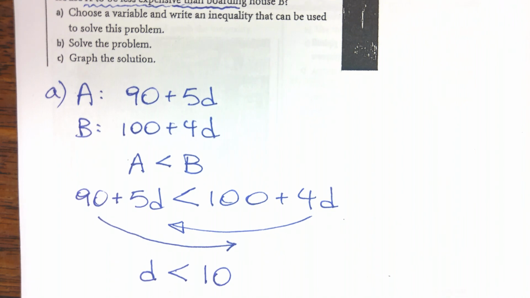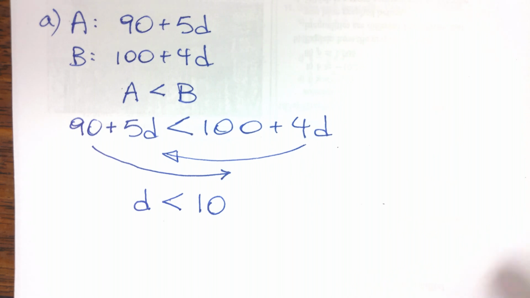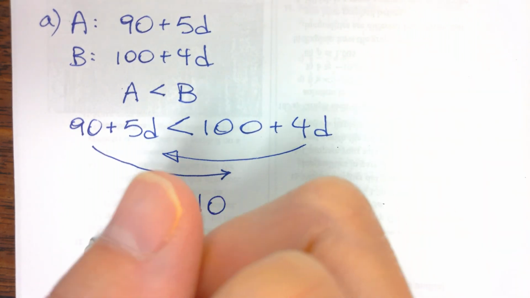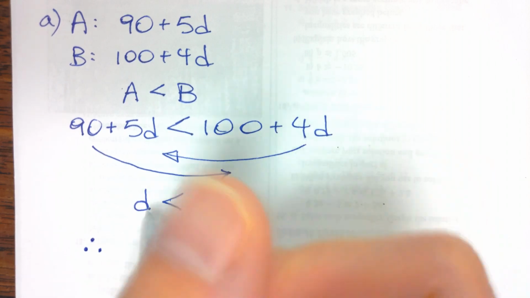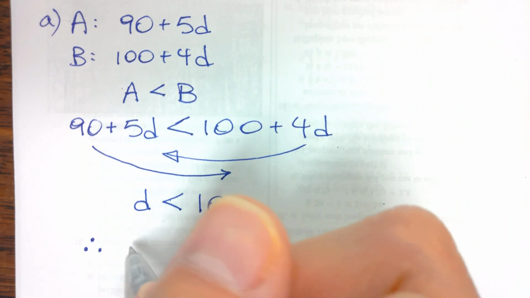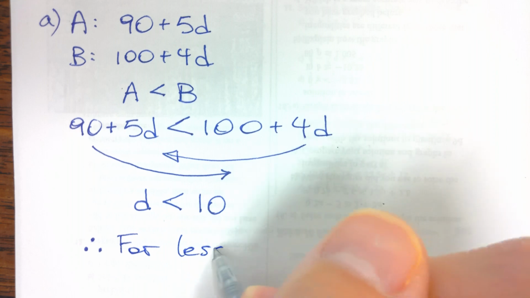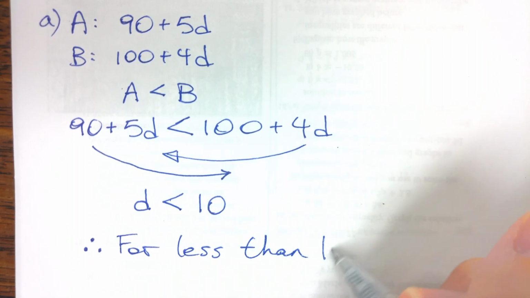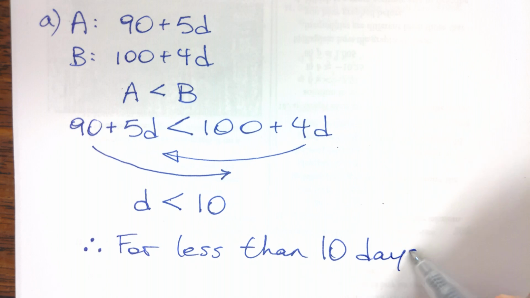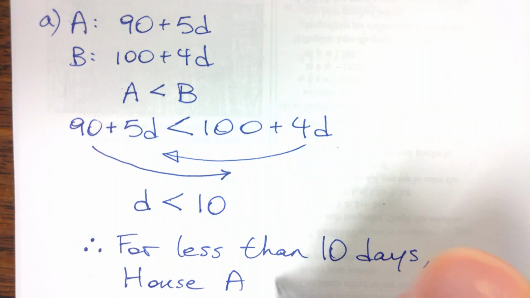So what is my answer? If I just write this, it's not a good enough answer because this is a word problem. Since we don't write units for inequality, you can write a therefore statement. Therefore, for less than 10 days, house A is cheaper.